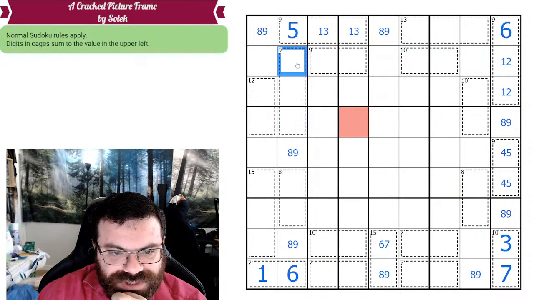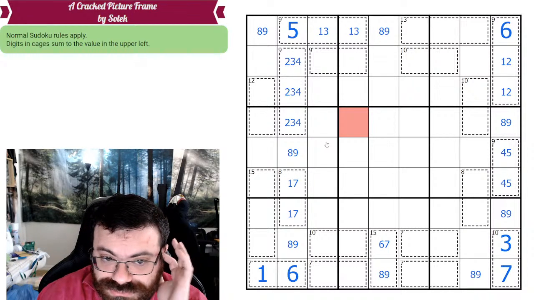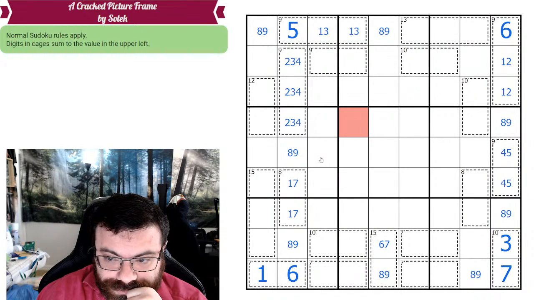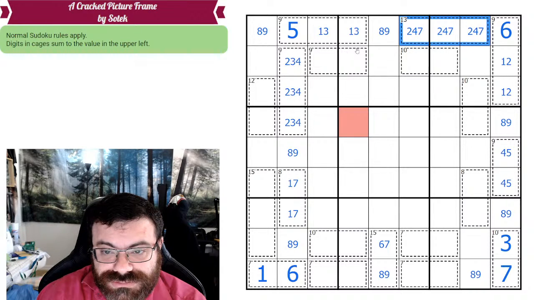I need a 7 somewhere. It can't go in the 9 and 3, so this is 1, 7. This is 2, 3, 4. So we know this then. 2, 4, 7.